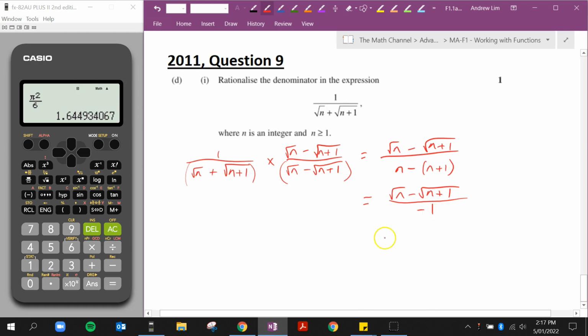Again, if you don't want to write a negative denominator, we can just change the signs of every term in the numerator. So this is going to become positive root n plus 1, and this is going to become negative root n, all over 1, which is just itself.